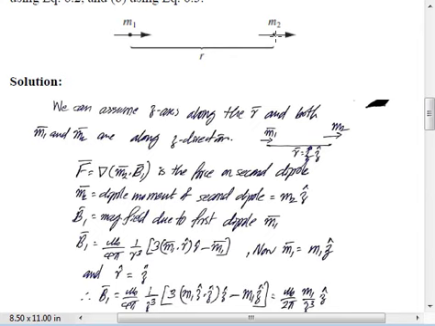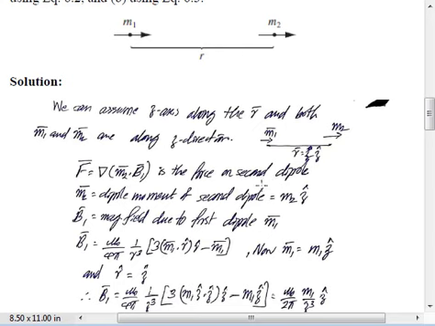So in a non-uniform magnetic field, the second dipole m2 experiences a force F is equal to del of m dot B. It becomes m2 dot B1. m2 is the dipole moment of the second dipole, and B1 is the field produced at the position of the second dipole due to the first dipole.